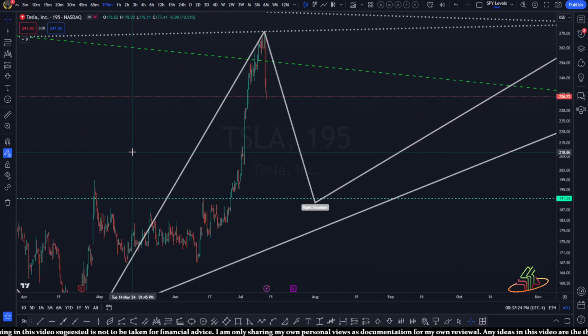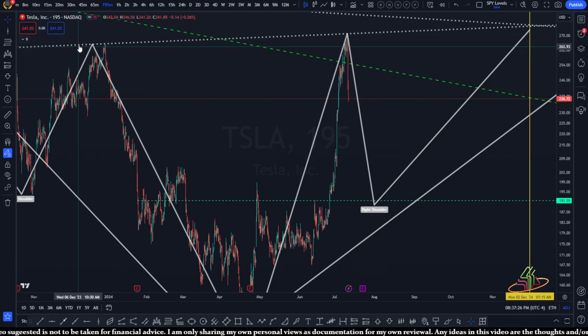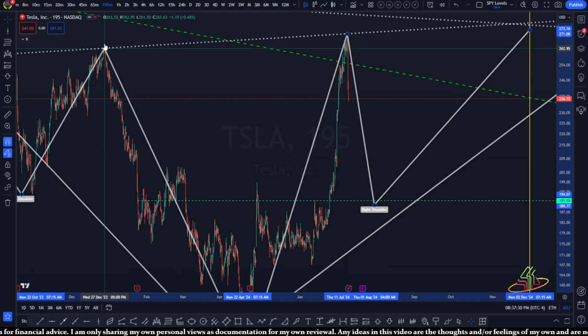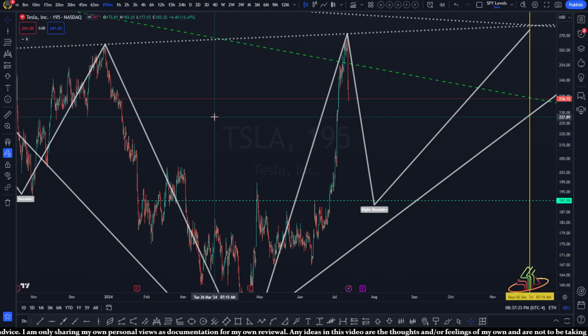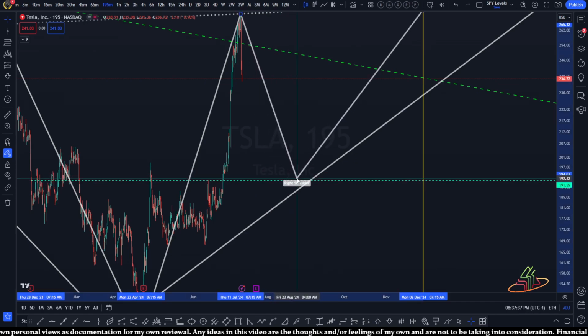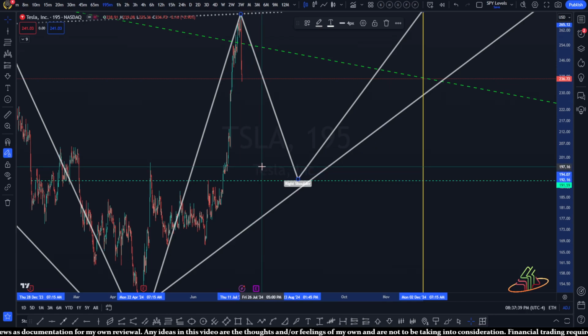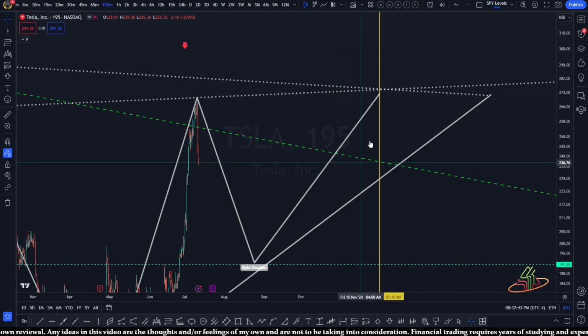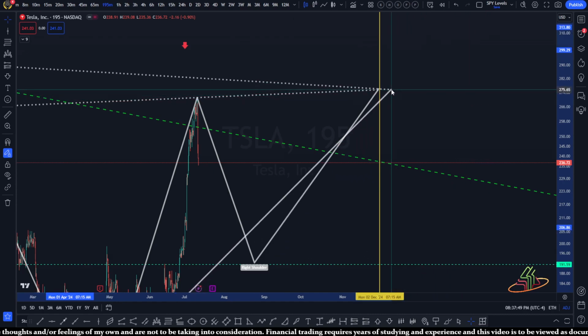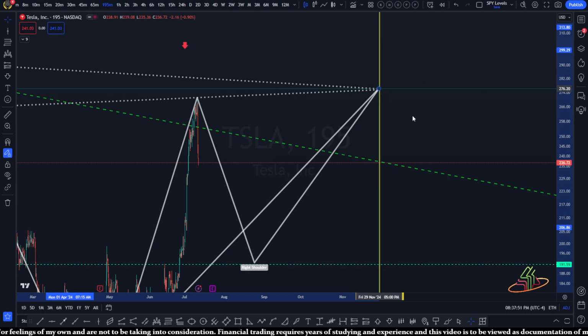So again, in my opinion, Tesla gets this move down here, back to where we broke out from originally, and then we bounce, and this is where we more or less exit from, right?